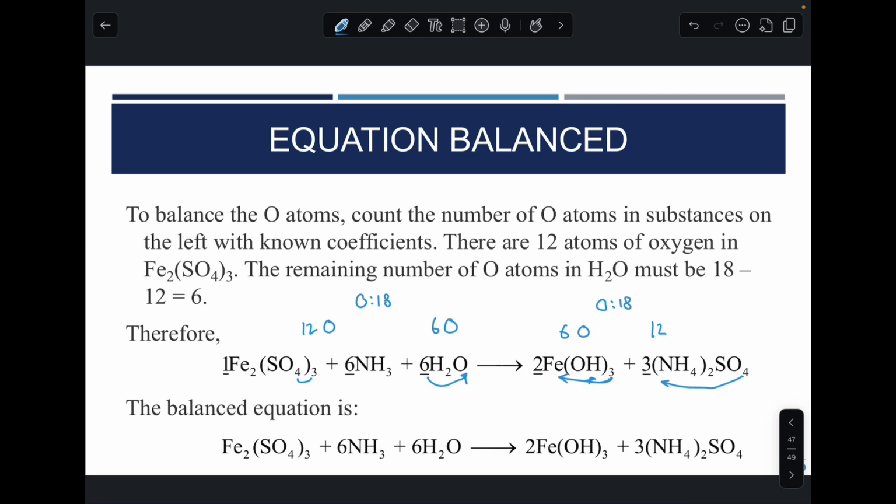And we were able to do that without having to change any of the other numbers that we already had, which is perfect. And so the balanced equation given is correct here, as long as we put a 6 here so that we have enough oxygens in order to have the balanced equation.